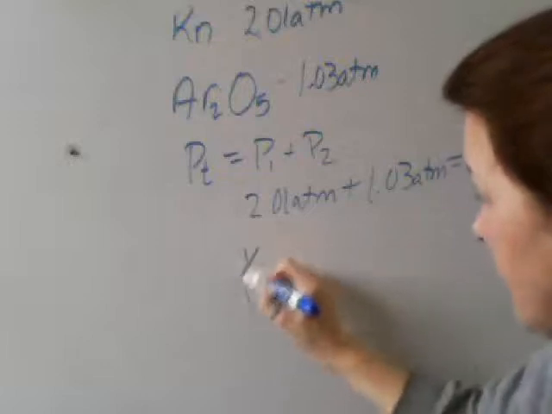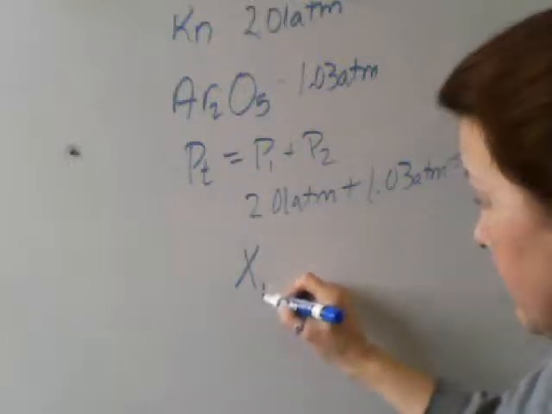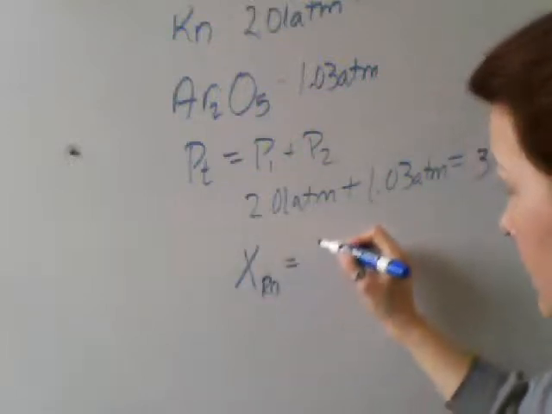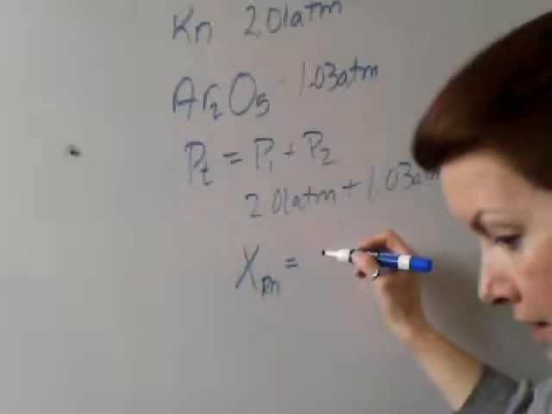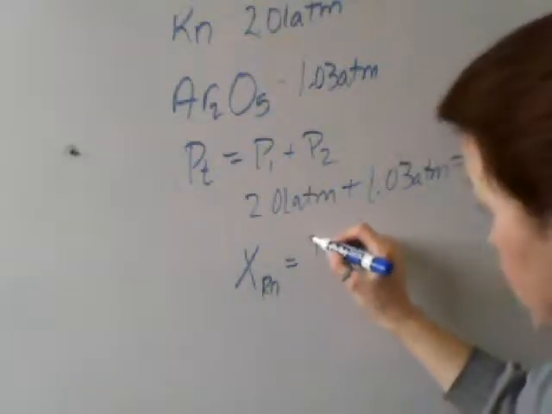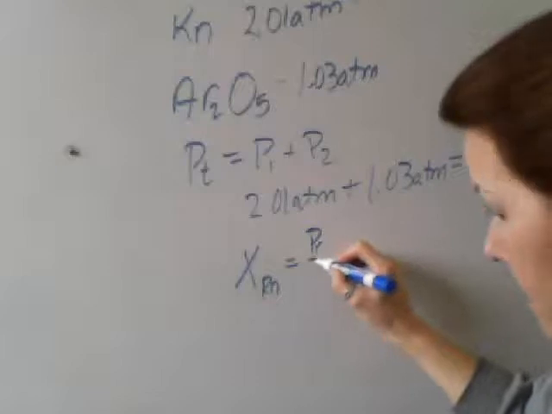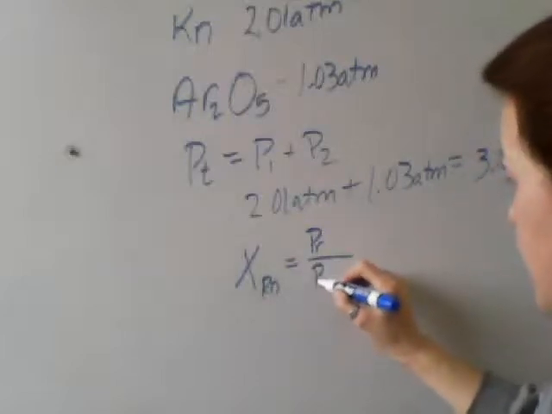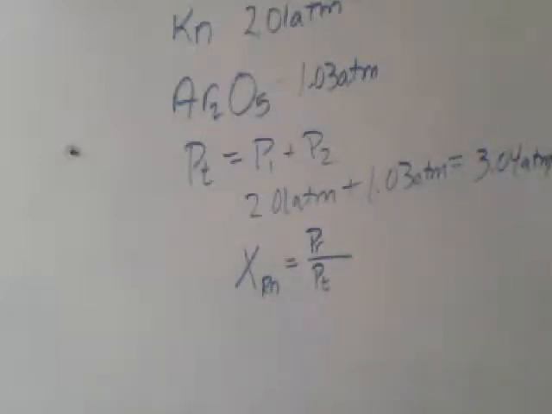And we can figure out that our mole fraction for radon is going to equal our pressure of radon over the pressure total. Remember that mole fraction is simply a ratio, so we can use that for the number of moles or we can use it for pressure.